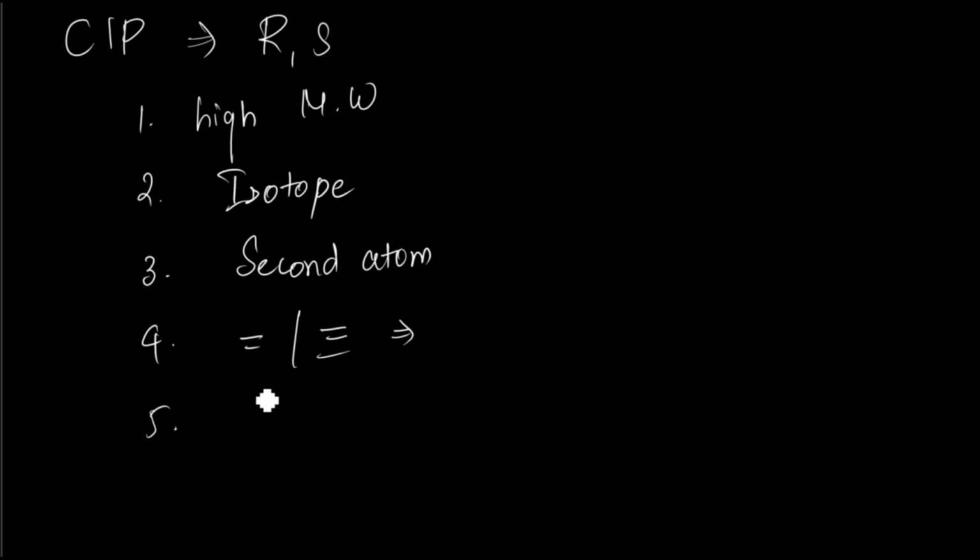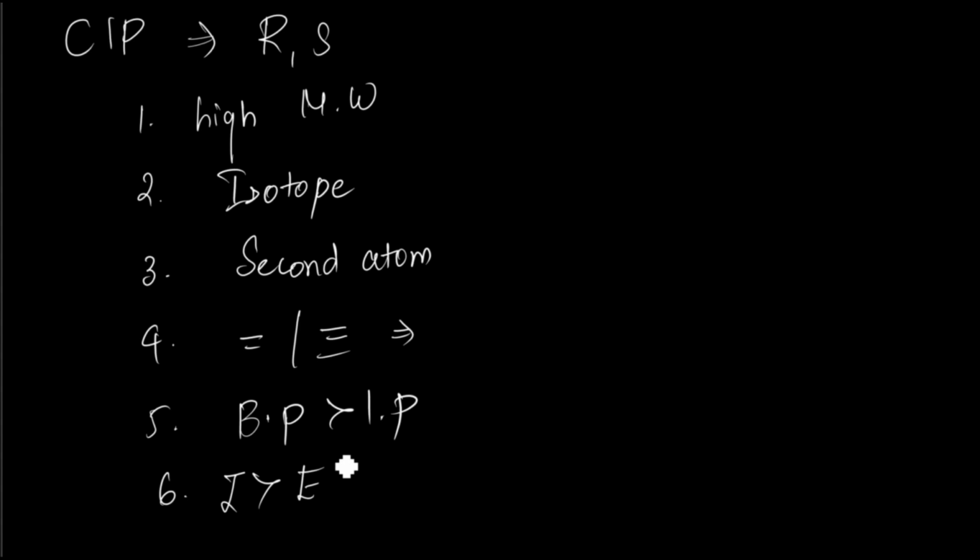Then the fifth rule is that the bond pair gets more priority than the lone pair. Don't worry guys, I'm attaching these notes in the description. You can download it. And E configuration is less priority than the Z configuration.